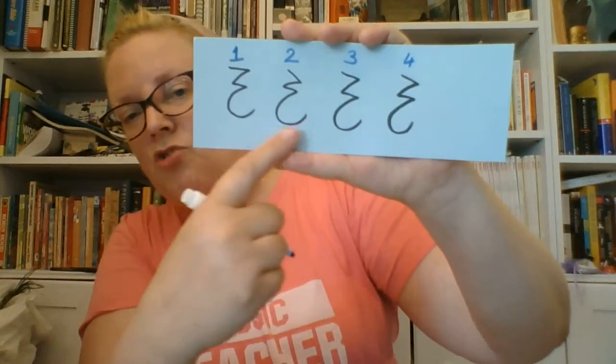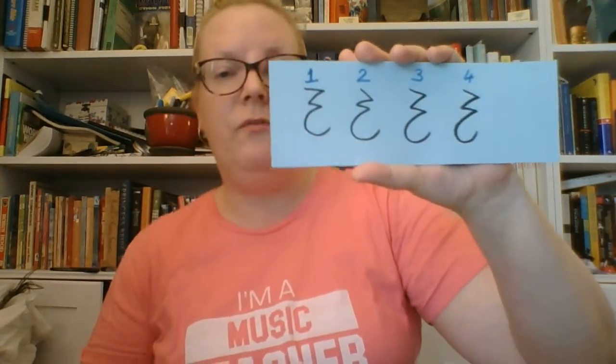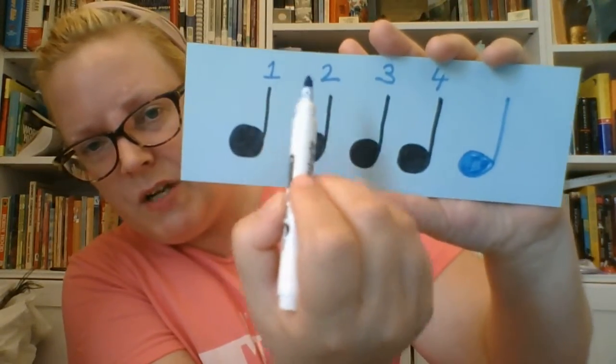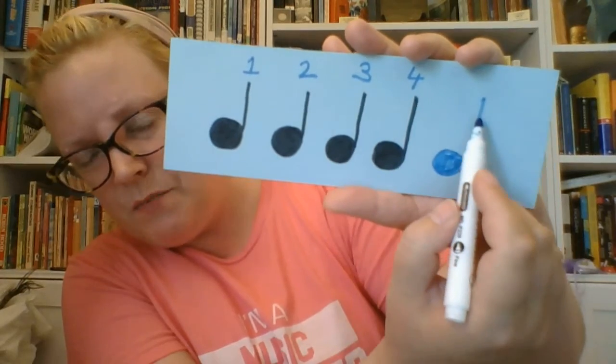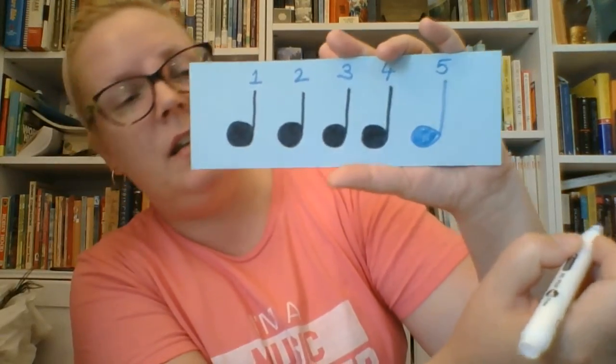So if you kept drawing them, you would just keep counting for as many symbols as there are. If you drew another quarter note, for example, I already have beats 1, 2, 3, 4, so I just add another one, and that gets us to 5. So I could have 5 beats in a row. Sure, why not? You can have as many as you want.